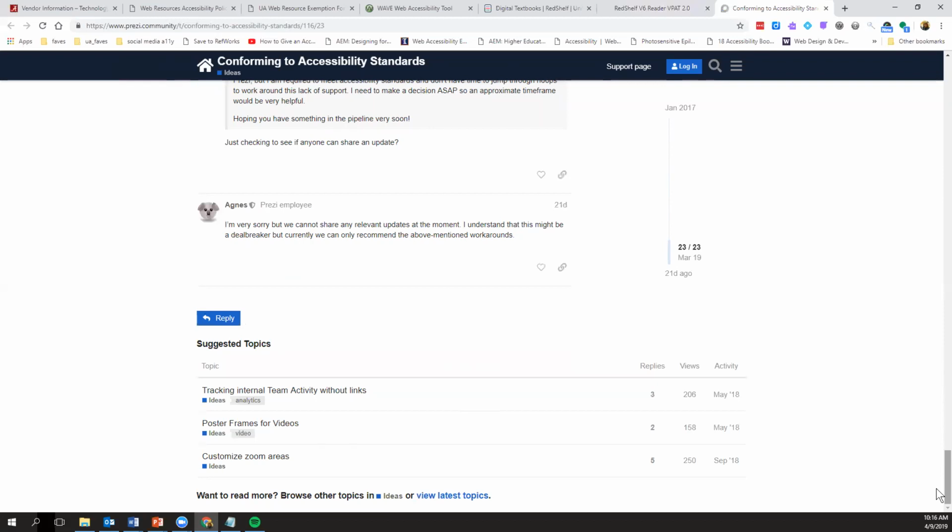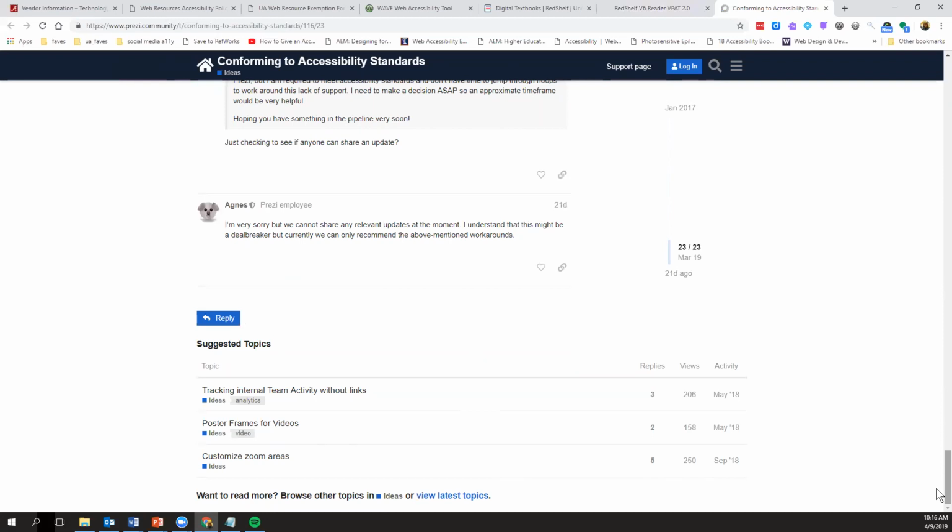So that doesn't really demonstrate an interest in making the product more accessible, just a generic response rather than, here's our roadmap for making the product accessible, or, while we realize that it doesn't support XYZ, here's some workarounds for that. For example, here's how you might export your Prezi to a PowerPoint and add alt text.